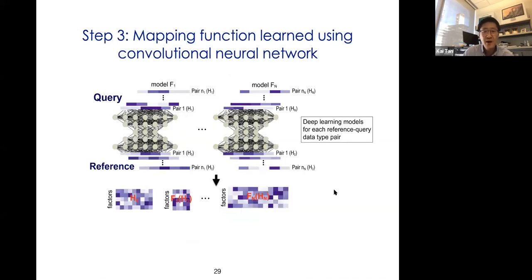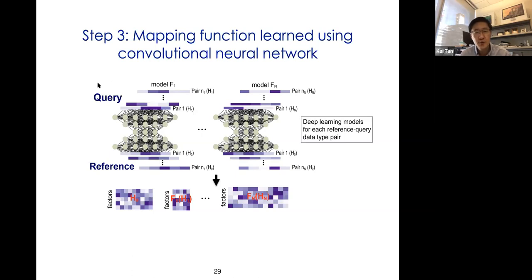Okay, and then finally, in GLUER, one data modality is treated as a reference modality. For instance, it could be single-cell RNA-seq data. The rest of the modalities are the query modalities. Then we try to find a mapping function between the reference latent features and the query latent features.